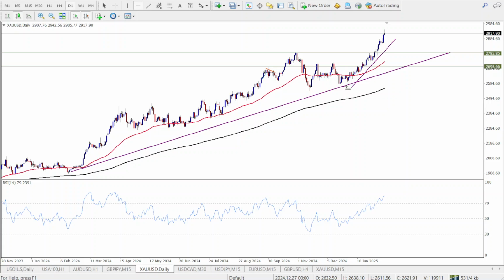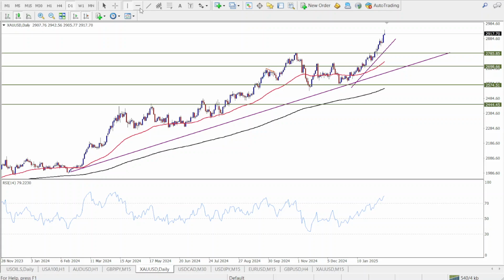It is very important. These areas act as strong zones where price is likely to react.